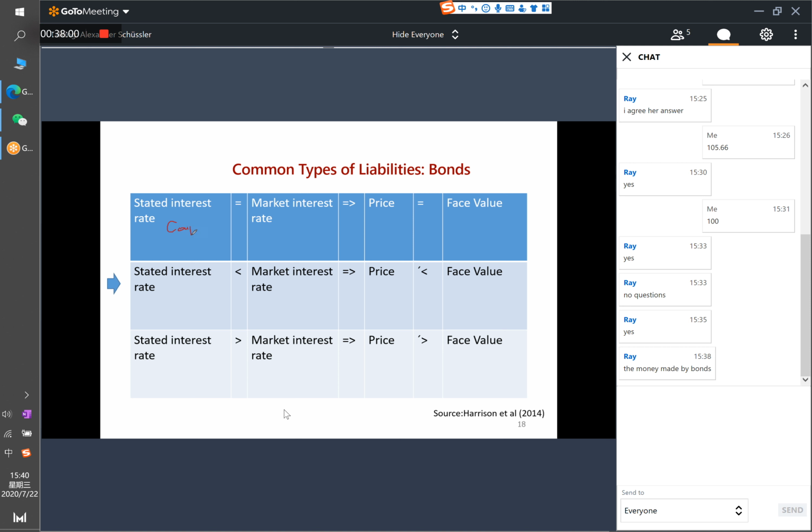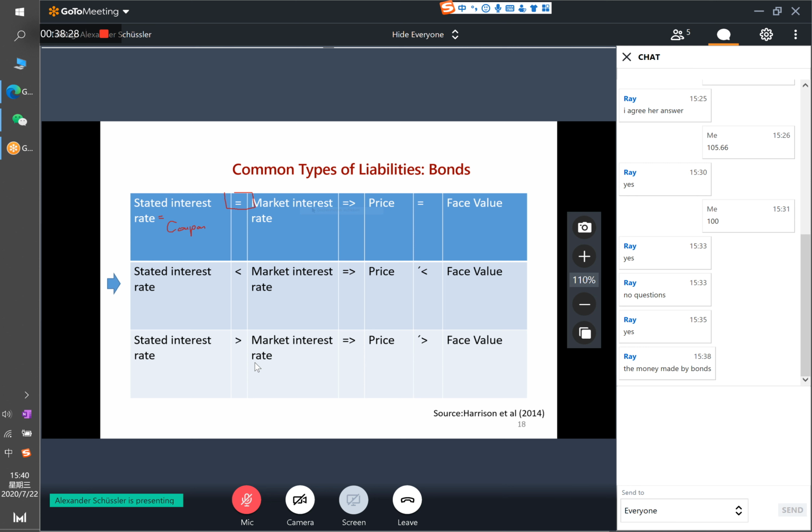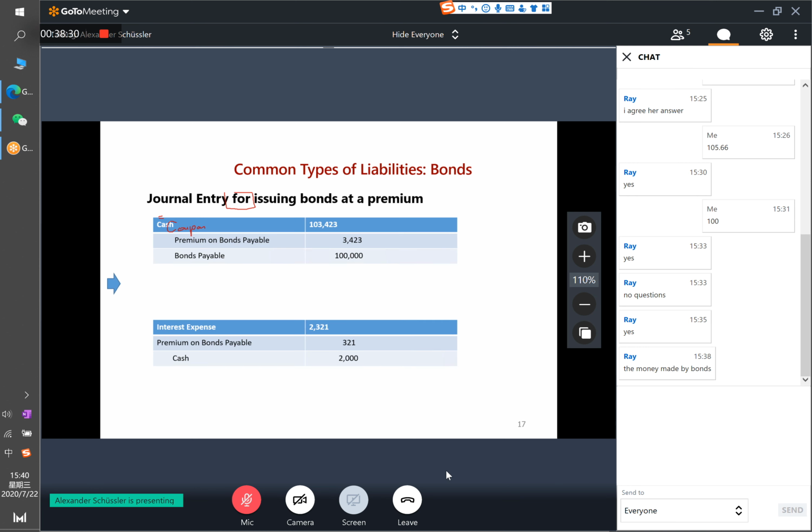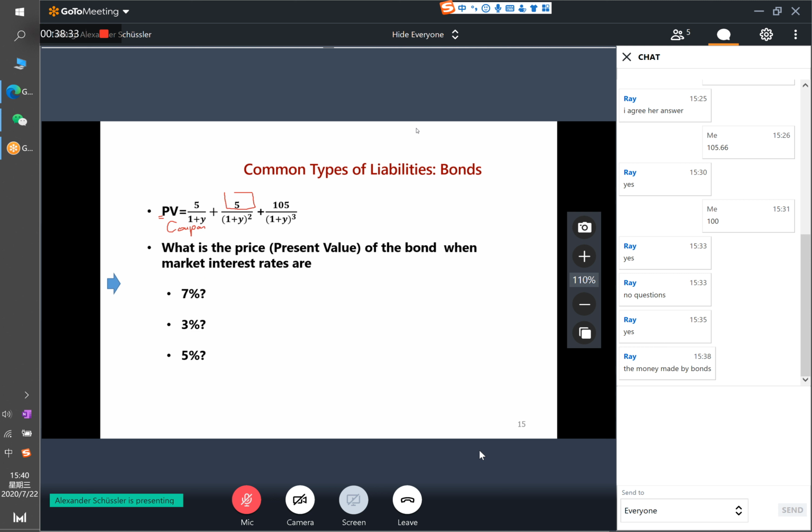Now, when the stated interest rate equals the market interest rate, when this is the same, then the price equals the face value. And we've seen that before, when we calculated the price of a bond.